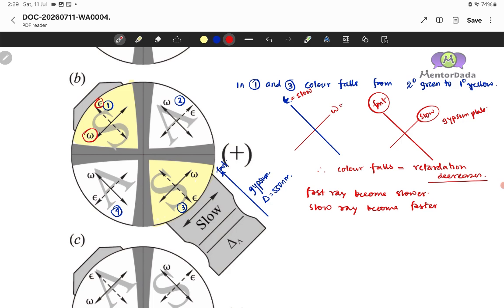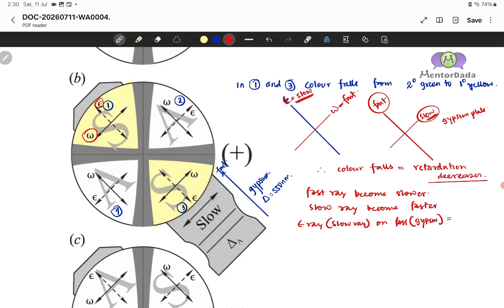And if this slow vibration direction becomes parallel to the fast vibration direction, then it can become faster, right? So the basic thing is, look, this epsilon ray is definitely a slow ray. So slow on fast, right? So the epsilon ray here is the slow ray on the fast ray of the gypsum plate, right?